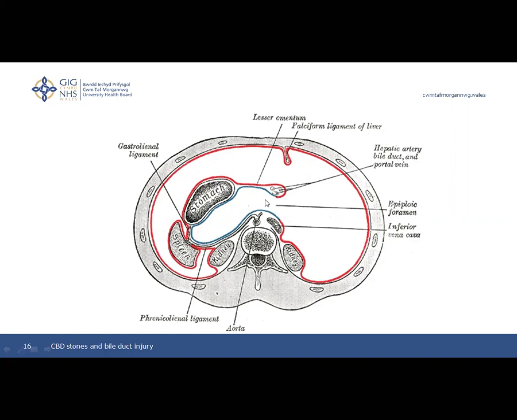The foramen of Winslow has its anterior surface as the free border of the lesser omentum, which has three structures in it. As I said earlier, the bile duct is towards the right, the hepatic artery towards the left, and the portal vein posteriorly. The IVC and the aorta always form the posterior aspect.